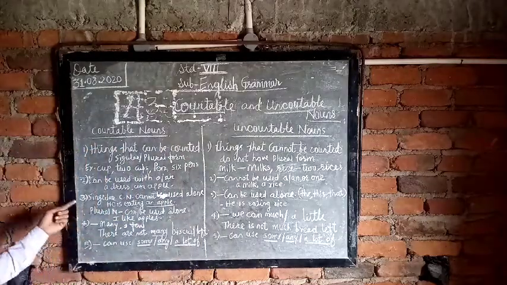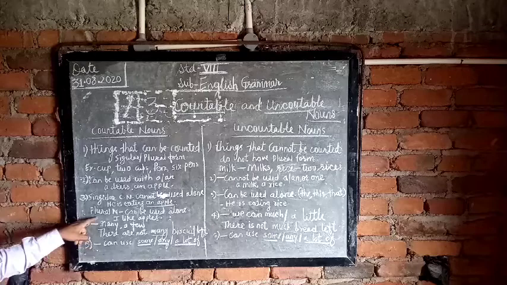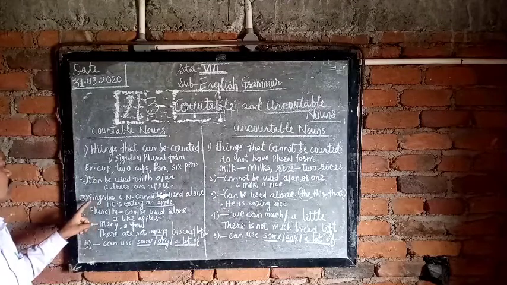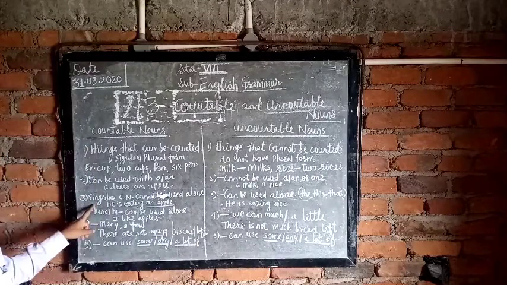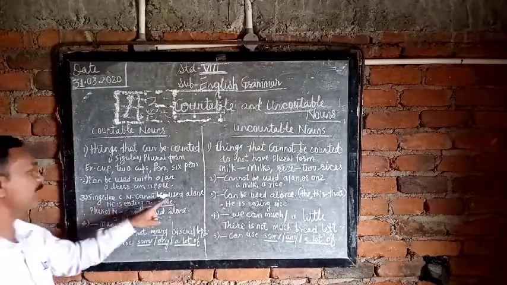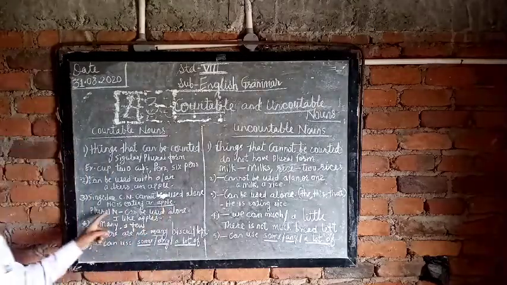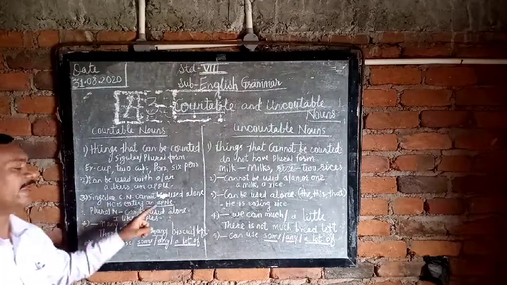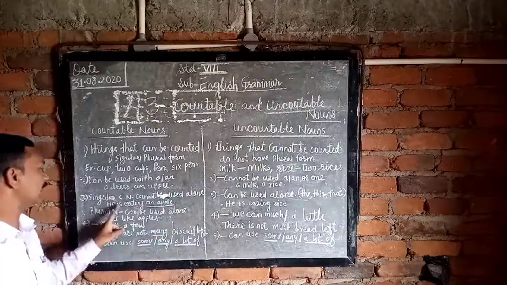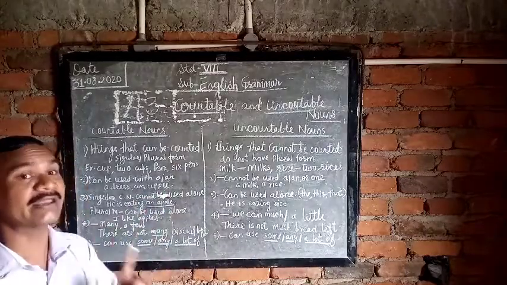Now third. Countable nouns have singular and plural forms, and uncountable nouns do not have any plural form. A singular countable noun cannot be used alone. For example, he is eating an apple. He is eating apple is the wrong sentence. So we cannot use it alone. अकेले नहीं use कर सकते.